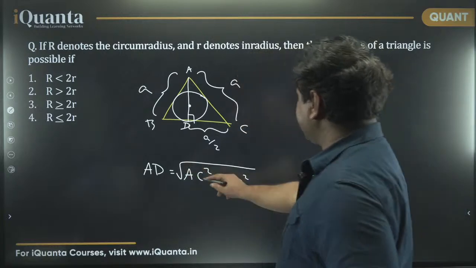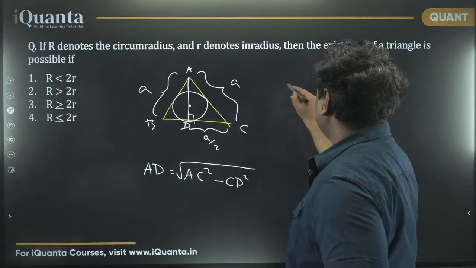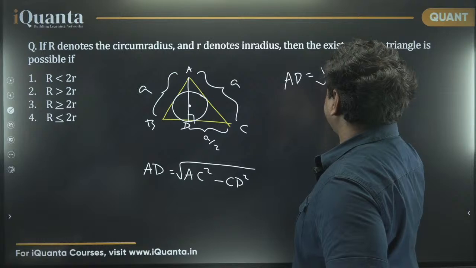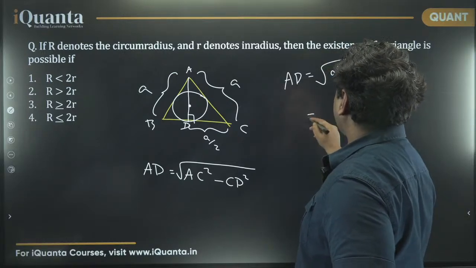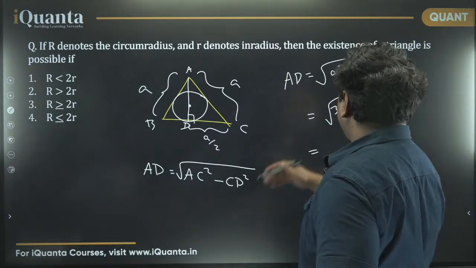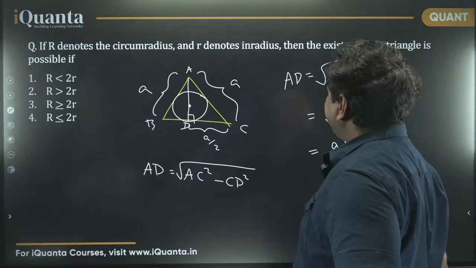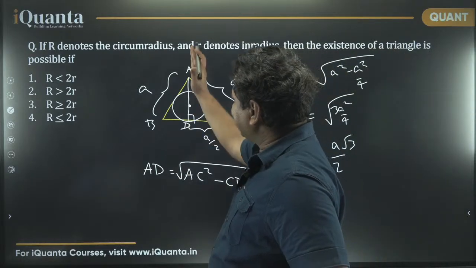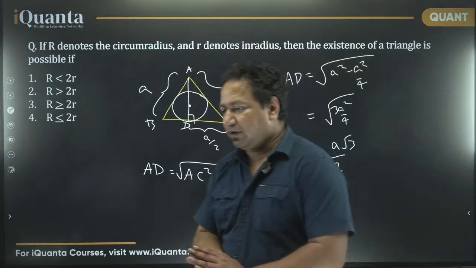Okay, so AC for us is A, small a, and CD for us is A by 2. The value of AD will be the square root of A square minus A square by 4. So if I solve it, I'll get the square root of 3A square by 4. Taking 4 out and A out, I'll have A by 2, and this will be root 3. So A root 3 by 2 will be the length of the median for an equilateral triangle. All of us know that.